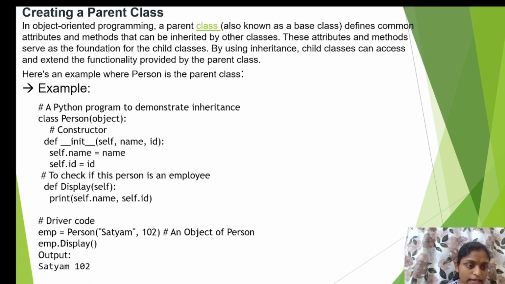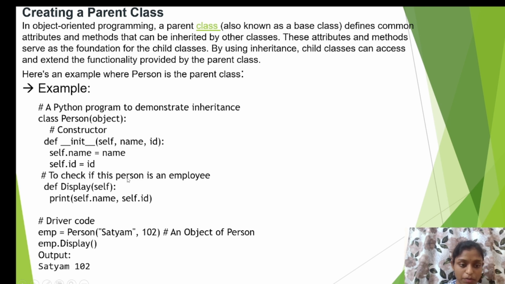As we know, self is an object, so we can access attributes by using self. So I accessed here self.name, and gave name. And I also accessed self.id, and gave id.